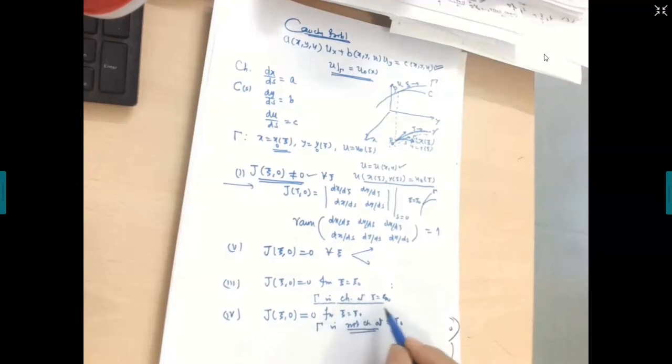These two cases are important. What happens in this case? No solution. If gamma is not a characteristic, then there is no solution.